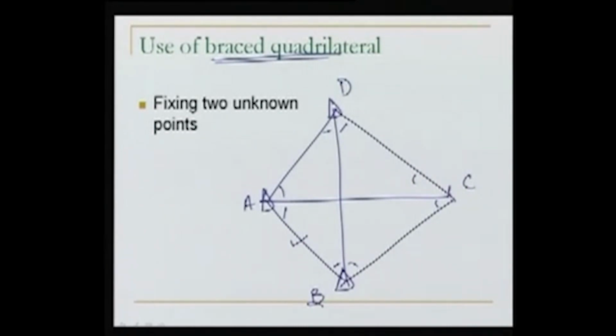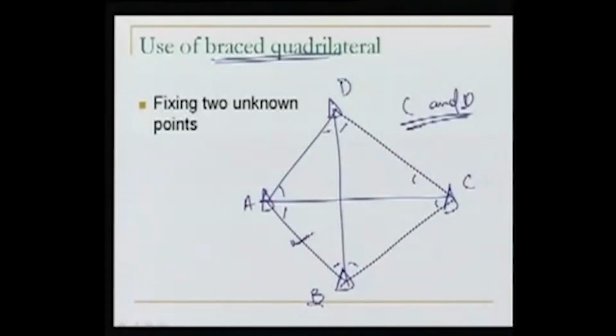We want to find the coordinates of C and D. This is very important when we are doing control survey, we are extending the control. So by knowing this length AB, or the positions of A and B, and by taking these angles into account, we can compute the position of D and the position of C.